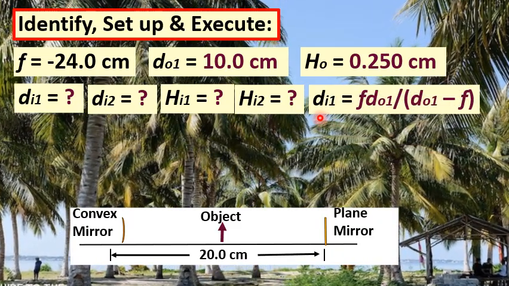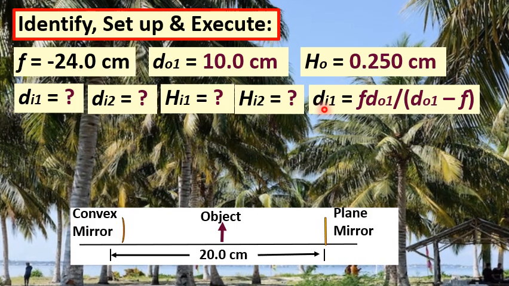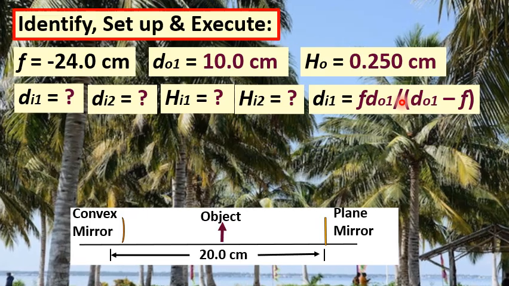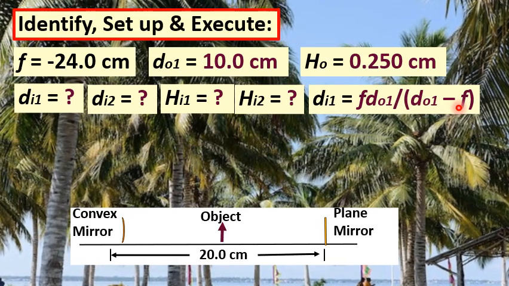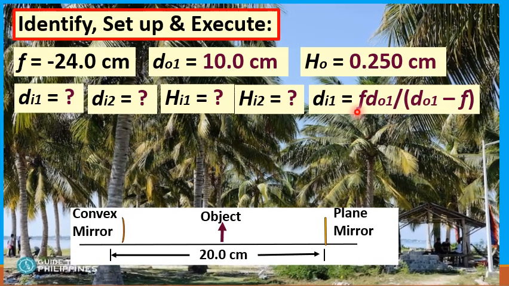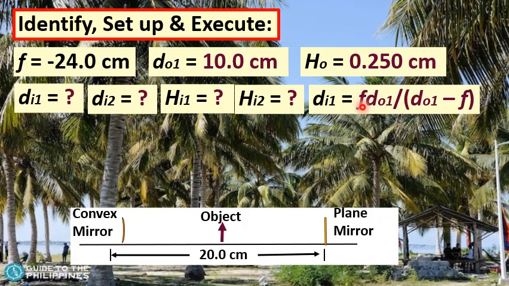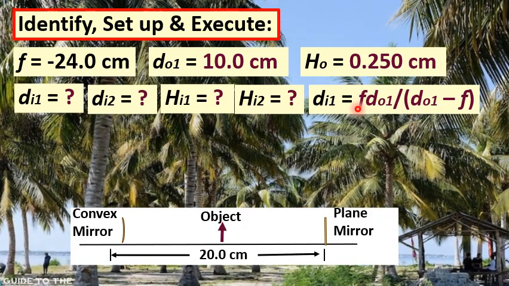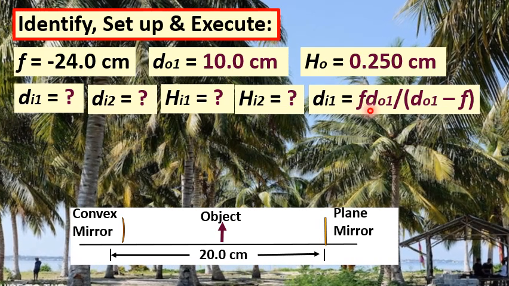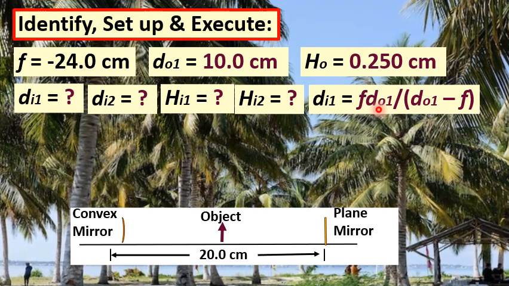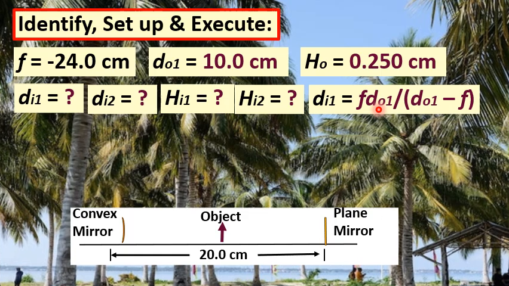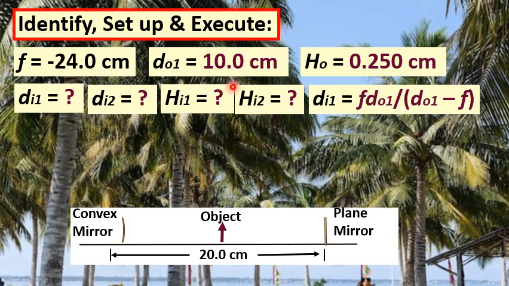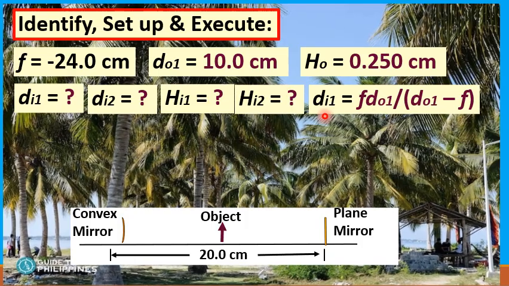That is, d sub I1 is equal to f d sub O1 divided by the quantity d sub O1 minus f, where f, of course, is the focal length of the convex mirror, and d sub O1 is the distance of the first object from the convex mirror.